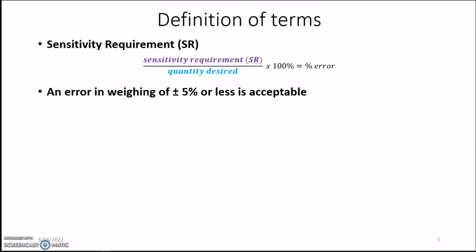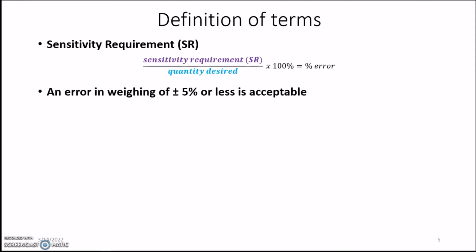So just as you are putting something on a scale in your kitchen, the amount of load that is going to cause that pointer to move from one graduation to the other is what is called the sensitivity requirement. That's the required load that causes that to happen.